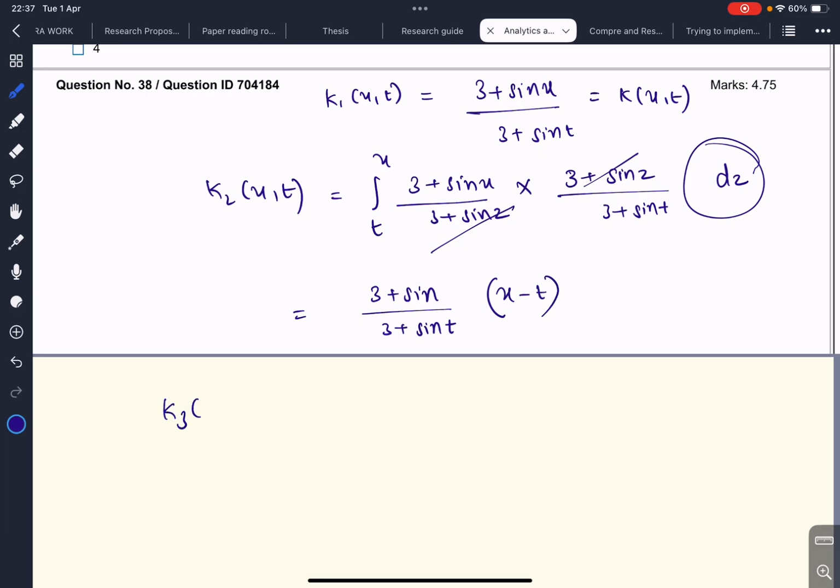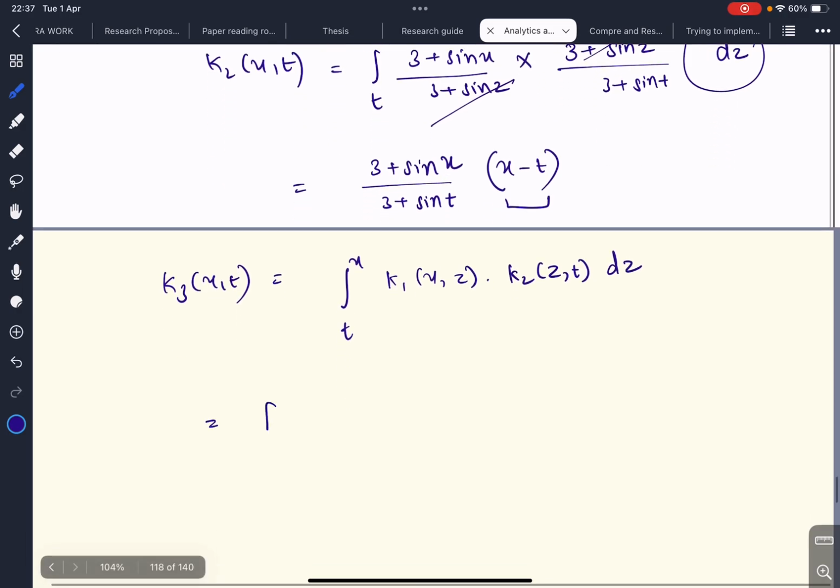Now we will find K3(x,t). After calculating some steps, you will start seeing some pattern in the value of K_i(x,t), so you can just write that particular form. You can see it is x minus t. Now we will see K3(x,t). It is integral t to x of K1(x,z) into K2(z,t) dz.